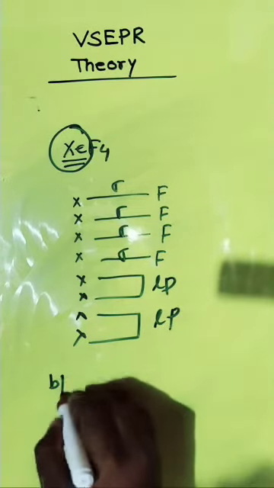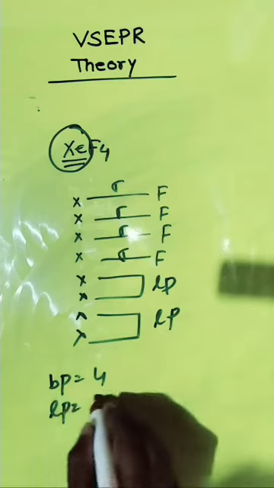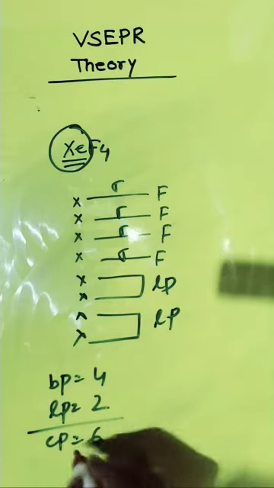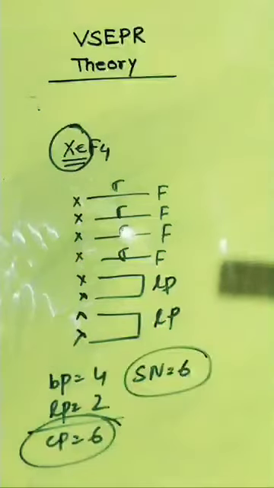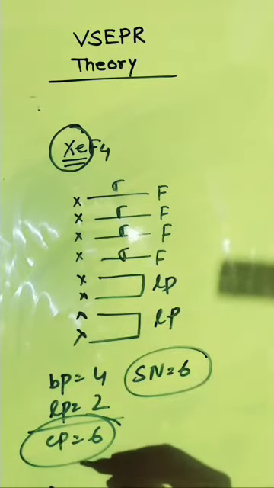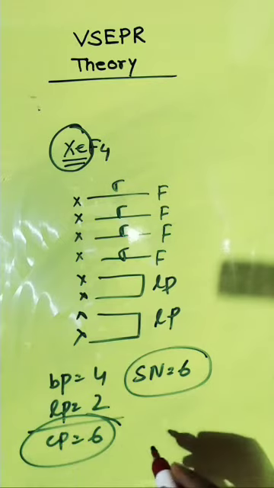So there are 2 lone pairs. So bond pair equals 4 and lone pair equals 2. So total electron pairs equal 6. Therefore the steric number equals 6, and you know for steric number equal to 6, the structure is octahedral.